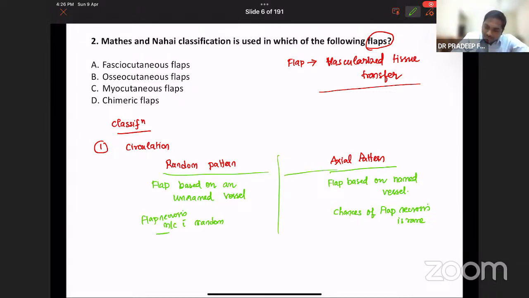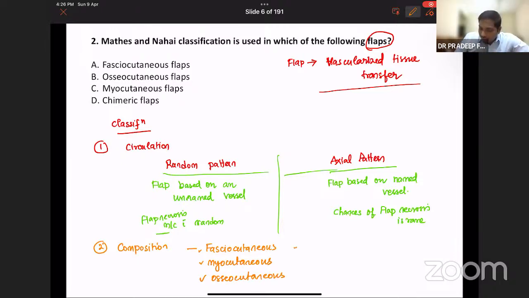The next classification is based on composition. Whether it includes fascia as well as skin, that is fasciocutaneous. It includes muscle with skin, myocutaneous. It involves bone along with the skin, that is called osteocutaneous. The common example for fasciocutaneous flap is a radial forearm free flap or an ALT, anterolateral thigh flap.